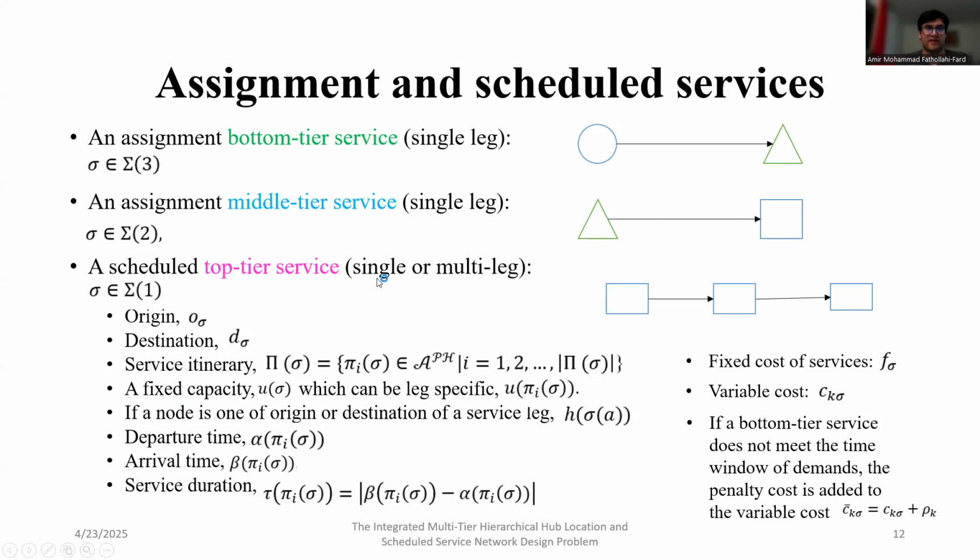And there is a service itinerary, which defines the sequence of visits for the services, where we know at which time each service starts its path from its origin to its destination, and along the way the service is able to visit some middle stations.